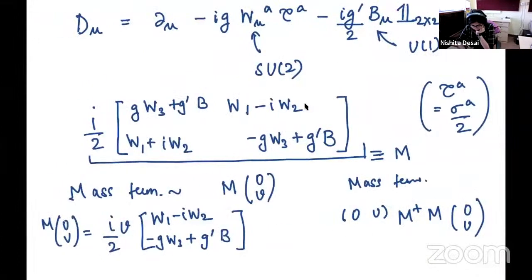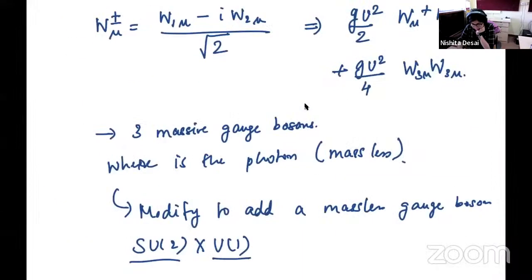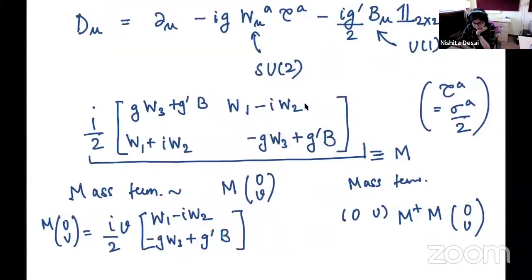Let me just recap the last part. What we did was we said that just using simple SU(2), we get 3 massive gauge bosons, but we still don't have a photon. So we added one more gauge transformation, a U(1) gauge transformation, and changed our covariant derivative accordingly. That changes our mass terms, because you get an extra contribution from this new gauge boson.